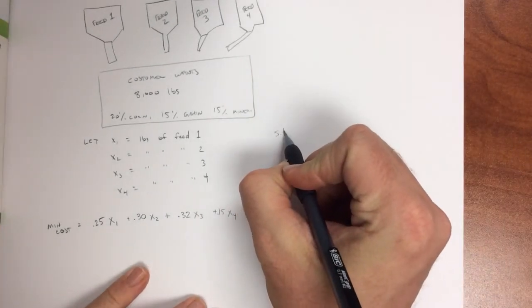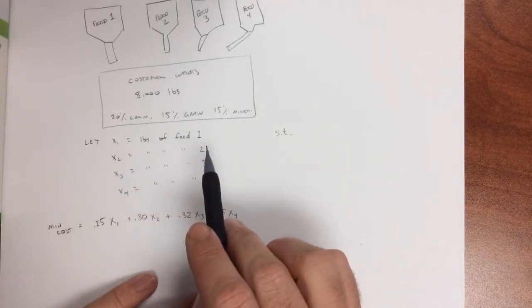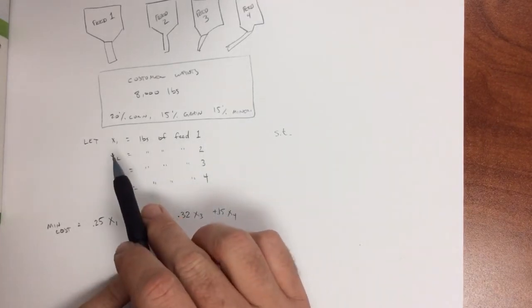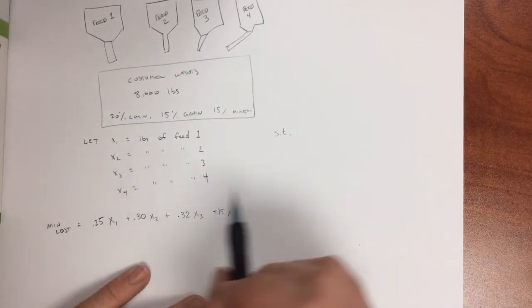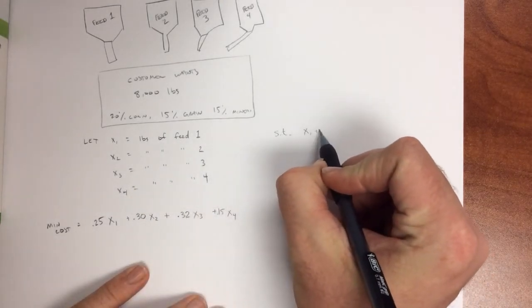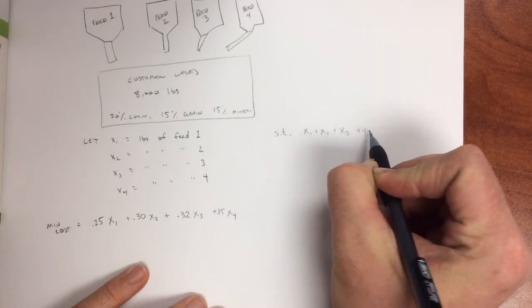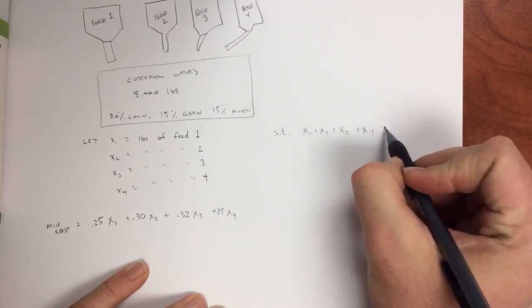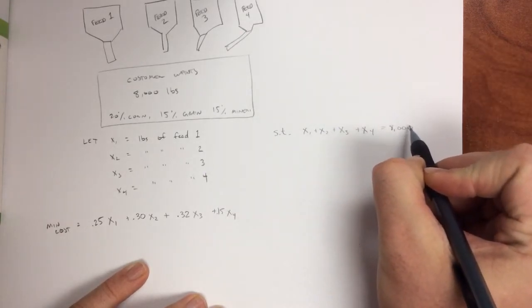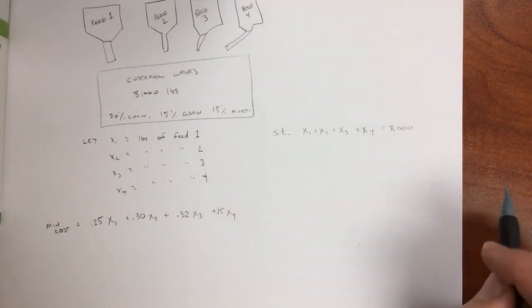If X1 is the pounds of feed 1, then if I add up all of these, that's the total poundage of new feed. So X1 plus X2 plus X3 plus X4 has to equal 8,000 pounds. We have to create a feed that is 8,000 pounds.